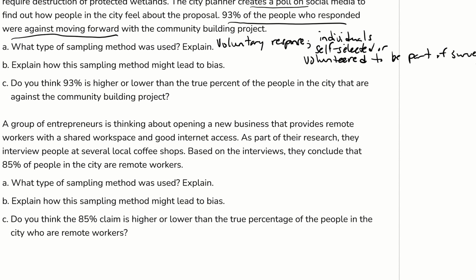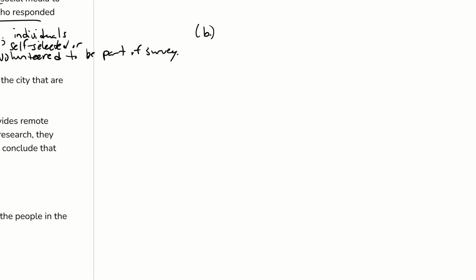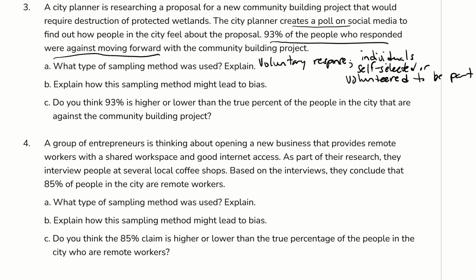Okay, so part B, explain how the sampling method might lead to bias. So how can this lead to bias? Well, in this example, we're looking at a community building project, and they're against moving forward with it, right?